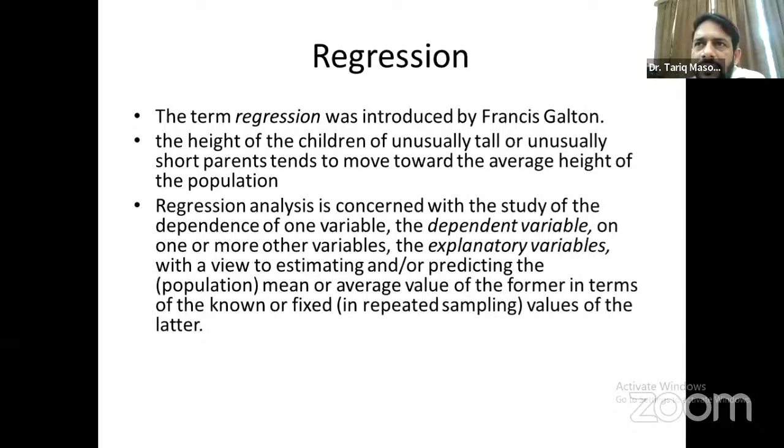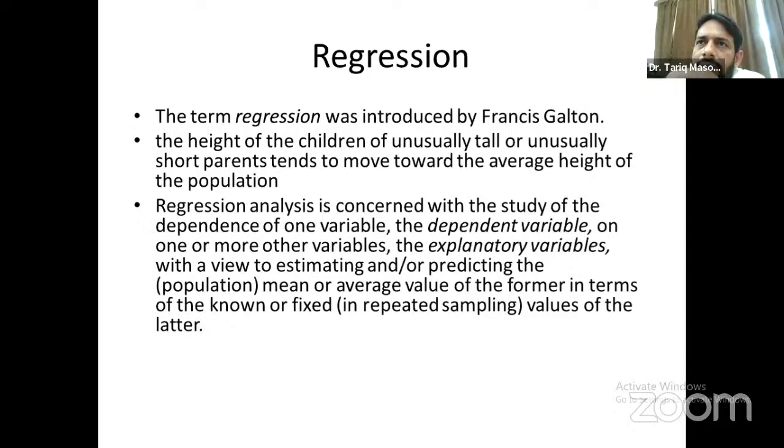He was looking whether there is some relationship between that or not. So what he found was that when we look at parents with large height, in a number of cases their children also have large height, but on average, there is a tendency to regress towards the average value.